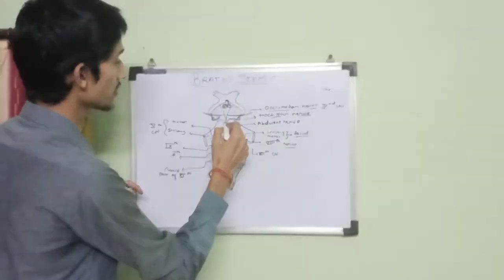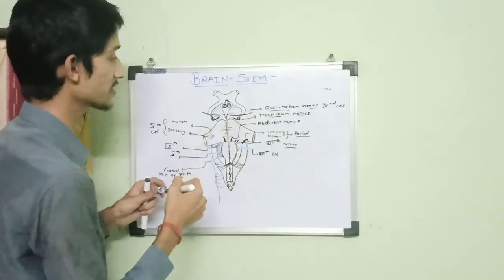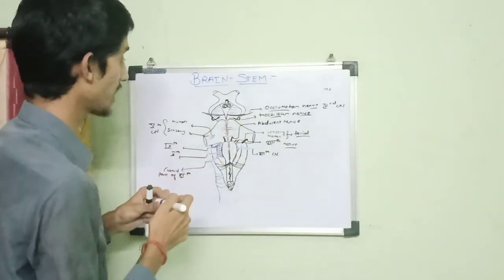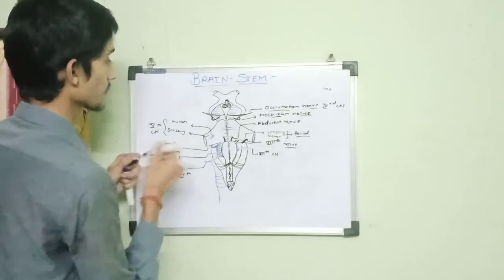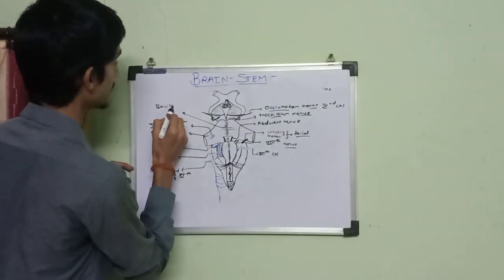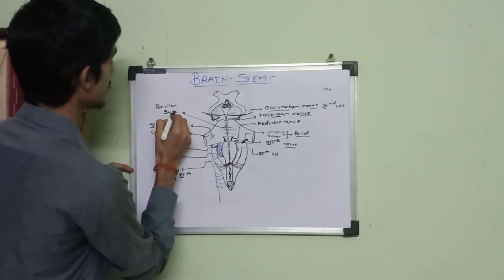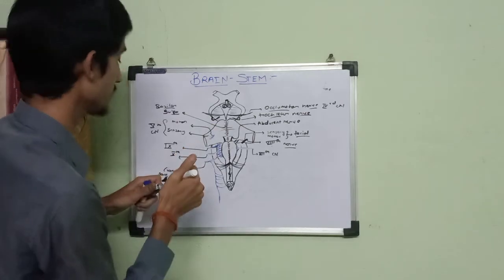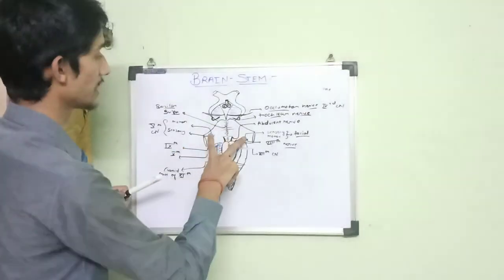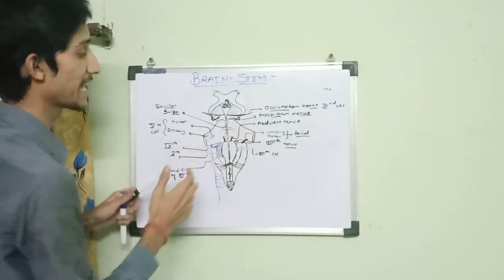This is the pons, the anterior median fissure. This is known as the basilar sulcus. It is named basilar sulcus because the basilar artery runs here. Then in the pons we have two lateral growths. They are the cerebellar peduncles.